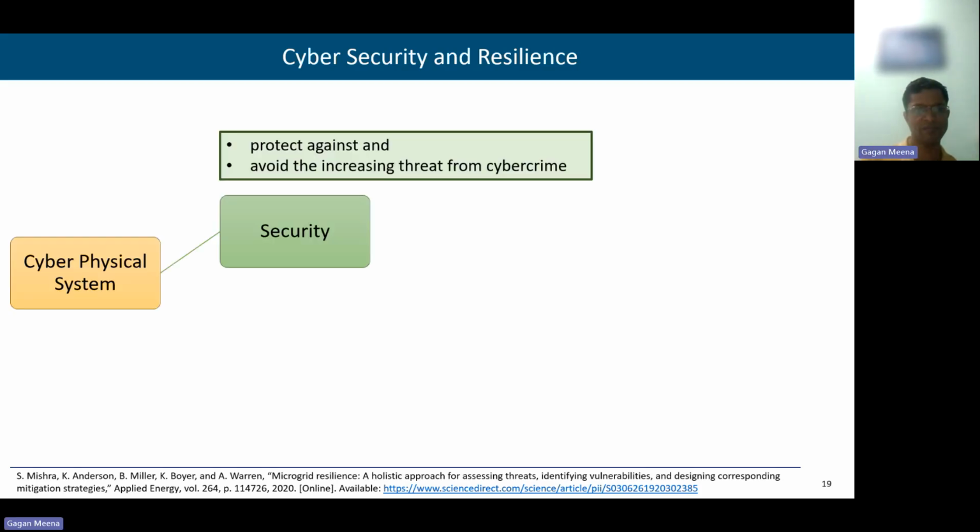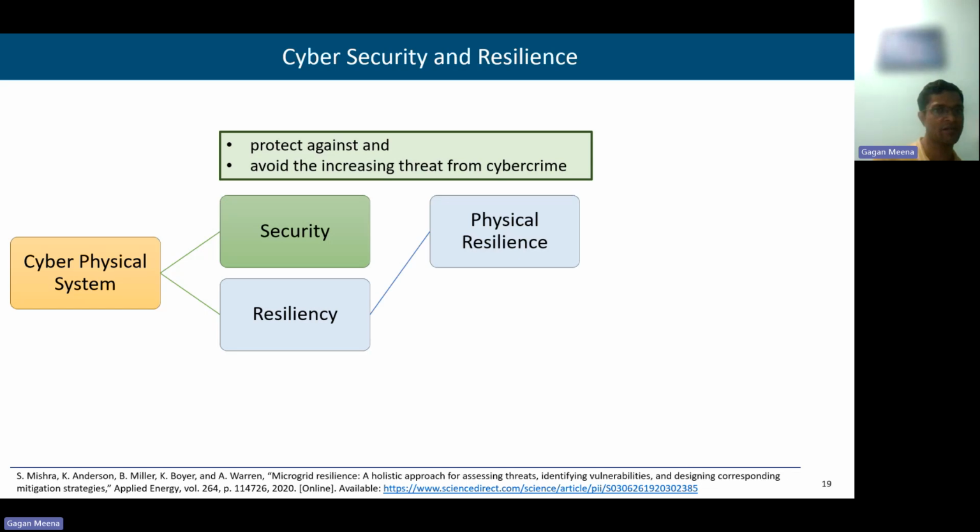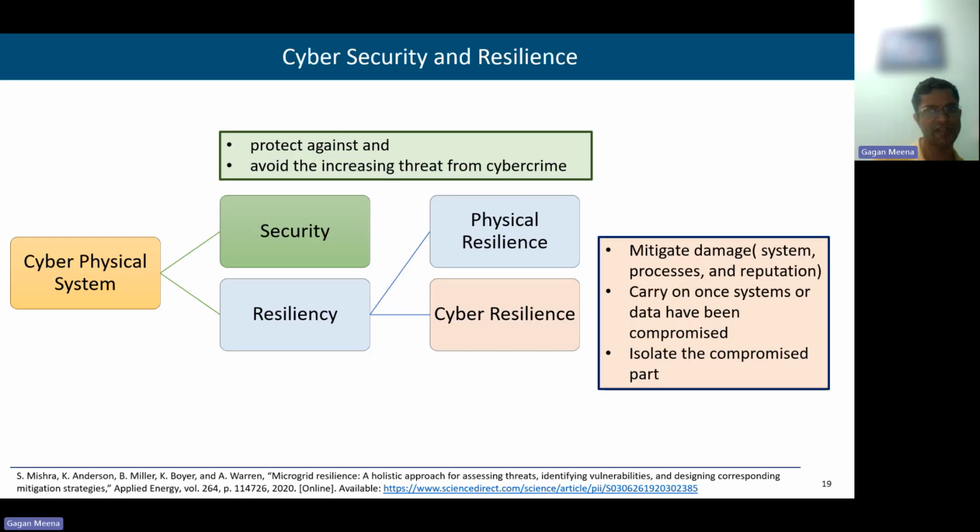Then we have two terms pertaining to the cyber physical system. One is the security aspect. Another is the resiliency aspect. Security means to protect against and avoid the increasing threat from cybercrime. And for resilience, we have physical resilience as well as cyber resilience.